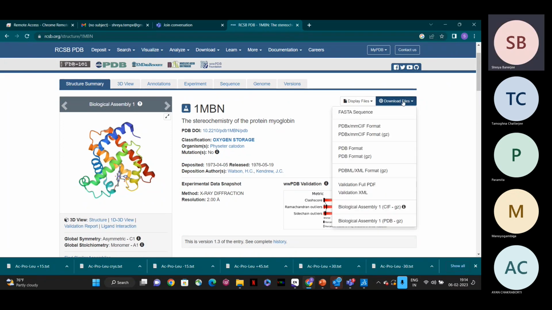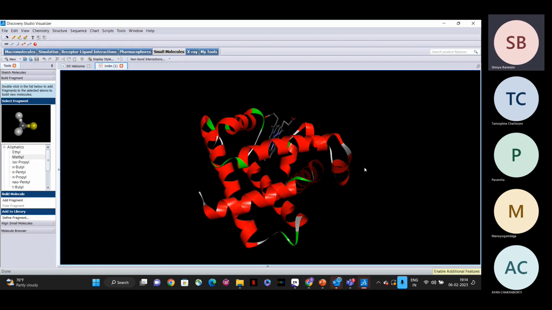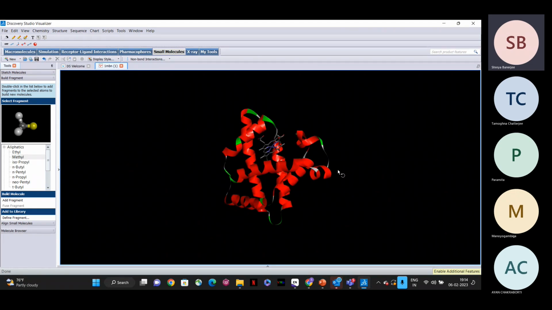Anyway, you have to go to download files and this PDB format. So you can see the structure of myoglobin here.